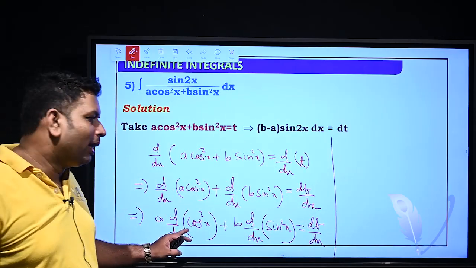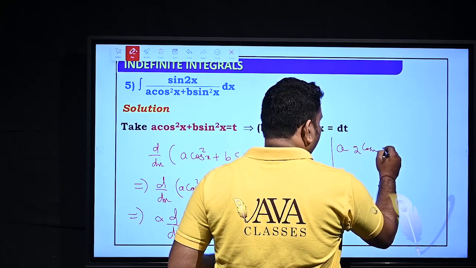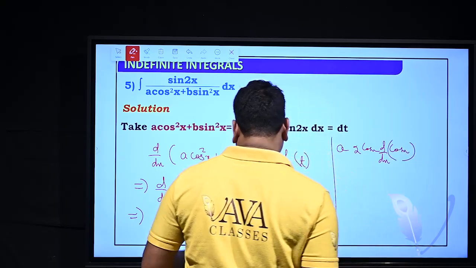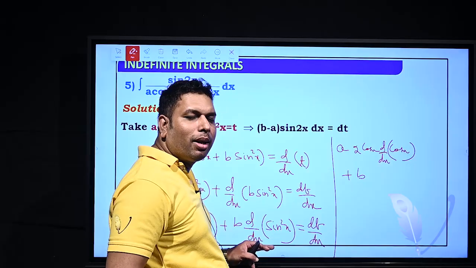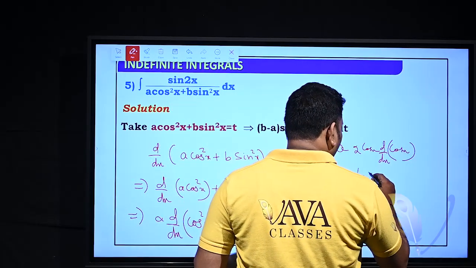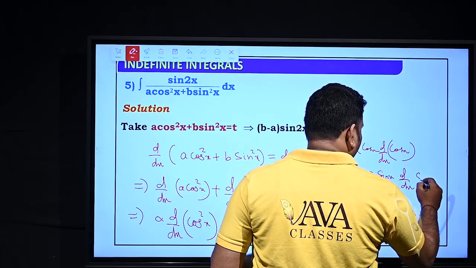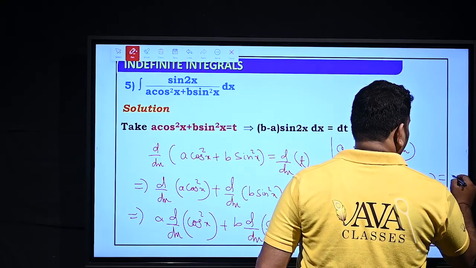So the derivative of cos square x is 2 cos x into d by dx of cos x, plus b times the derivative of sin square x, that is 2 sin x into d by dx of sin x, equal to dt by dx.